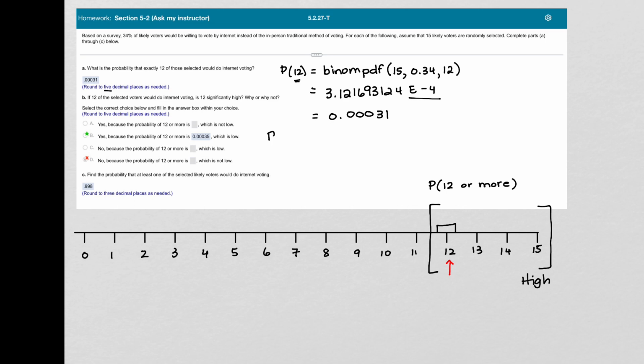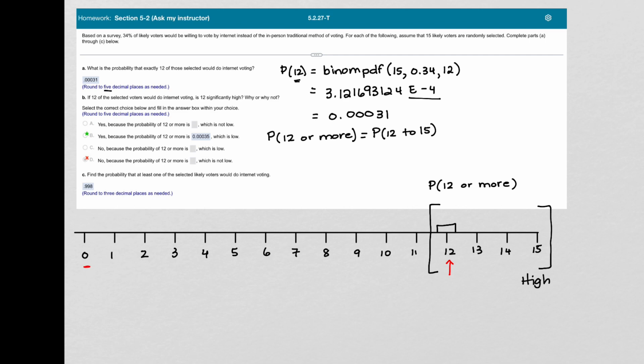So now I want to calculate the probability of 12 or more successes. So this would be 12 to 15 successes. But when we're putting this in the calculator and using our Binomial CDF function, because now that's a range of values, we need to start at 0.